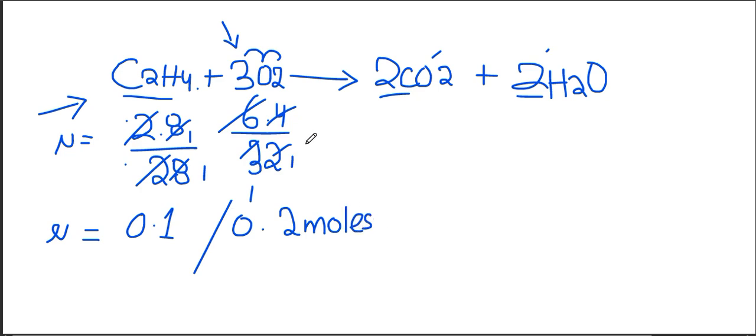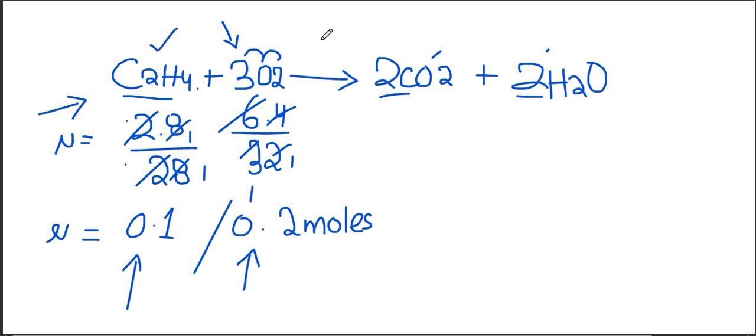I hope you get how this is being calculated. To solve this problem, you first convert the given masses of both reactants into their moles, as we just did. Now, to find whether C2H4 or O2 is consumed earlier, we have to calculate which one is utilized first according to the equation. How to do that? The simple thing I'll do here is compare them. First of all, compare by CO2.